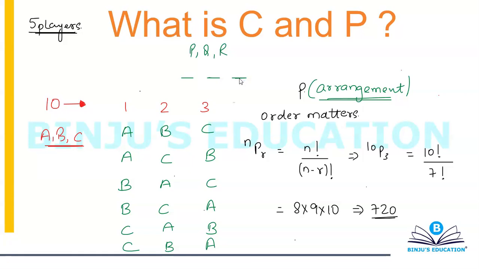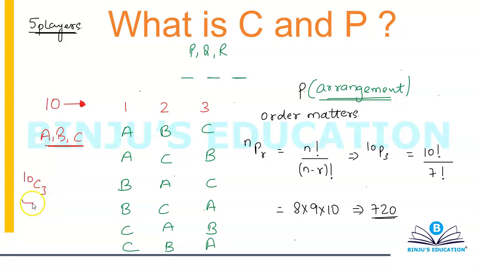Another way of understanding this permutation is that out of 10 participants, you need 3 participants for the first 3 positions. So why don't you do it this way? Out of 10, you select 3.